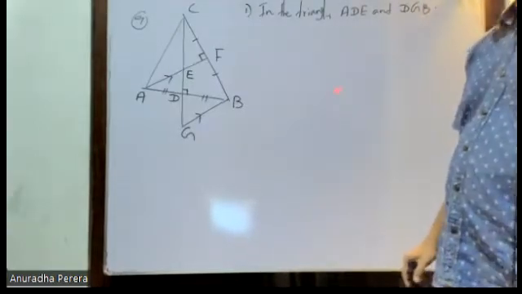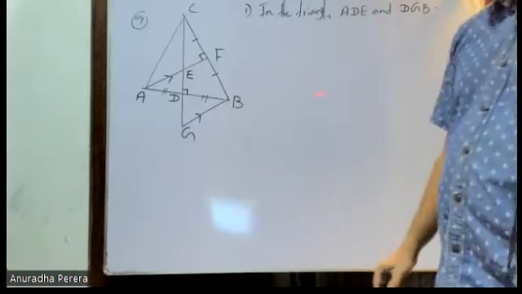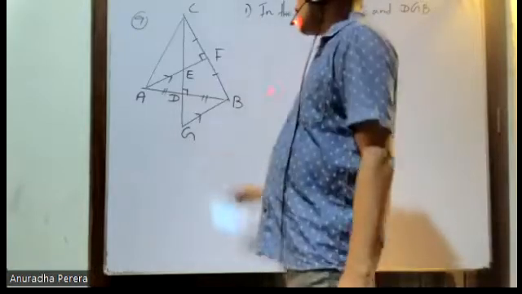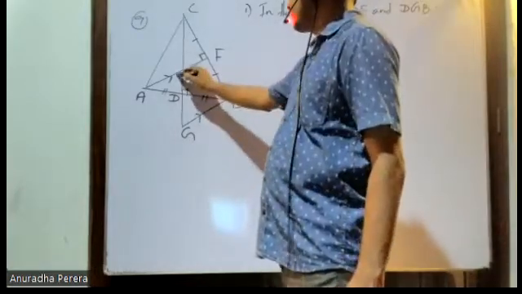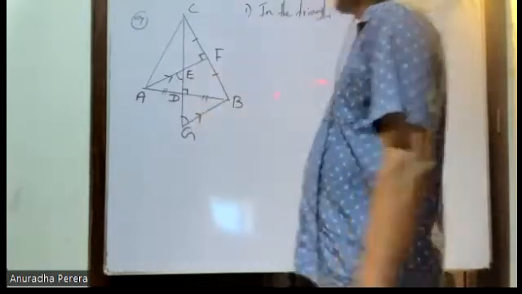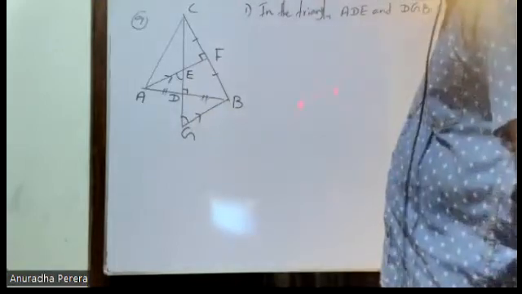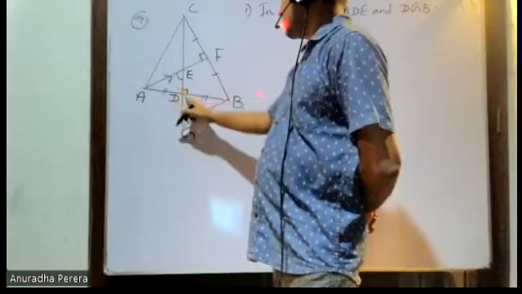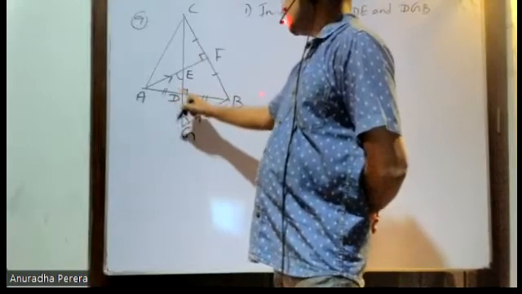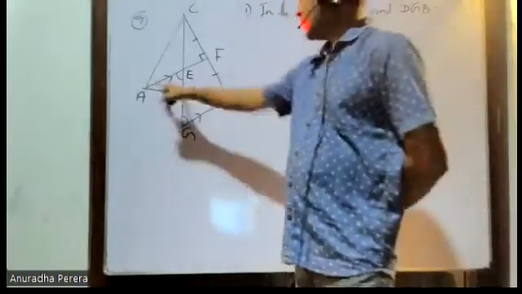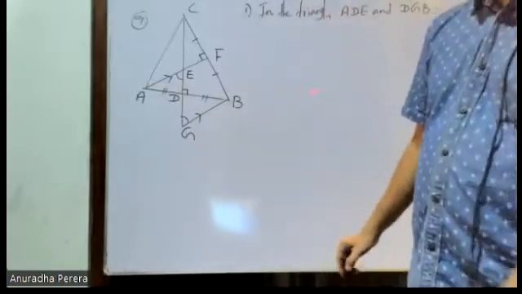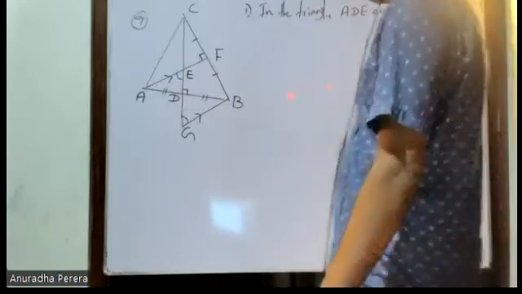These two angles are equal, alternate angles. These two angles are equal, vertically opposite angles. AD equals DB, given. Under the case angle, side, these two are congruent.